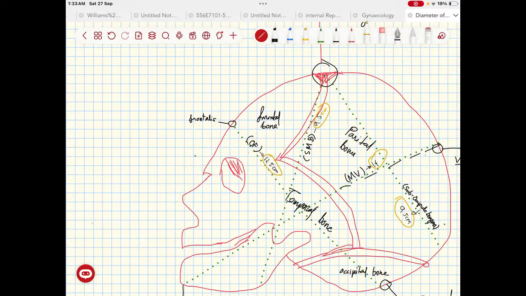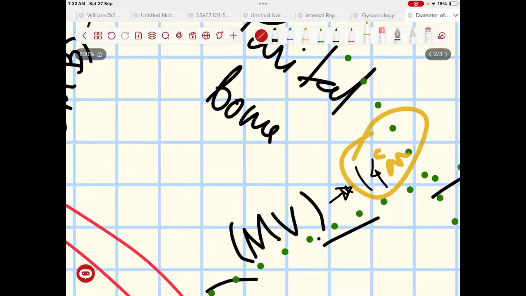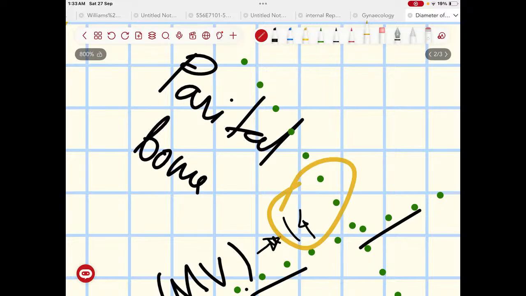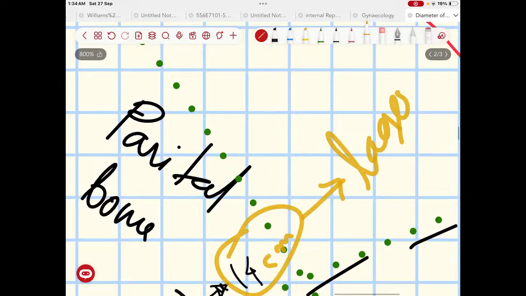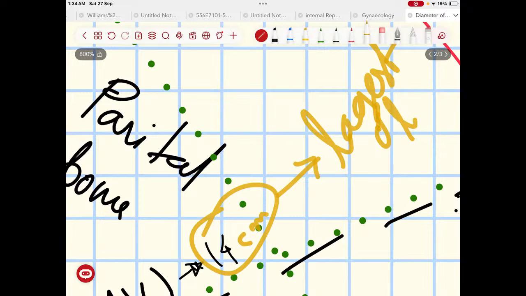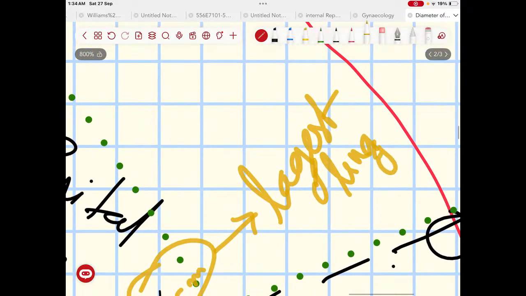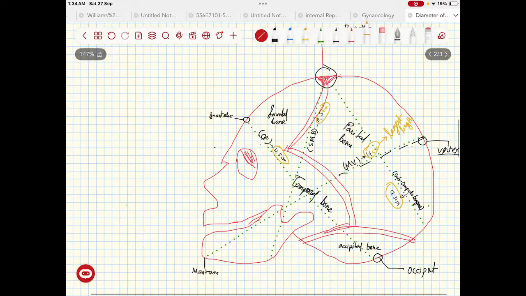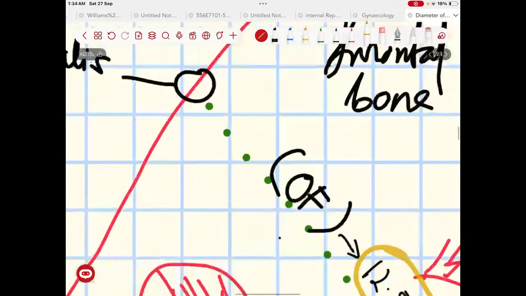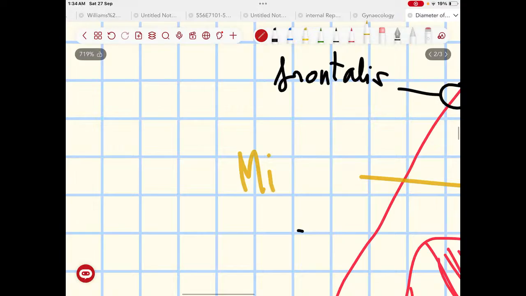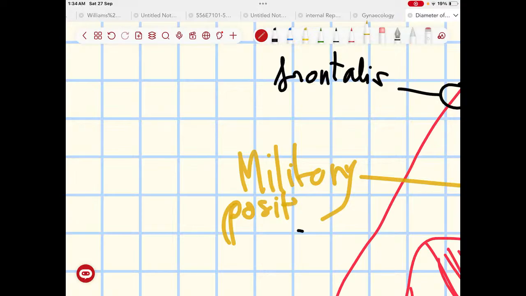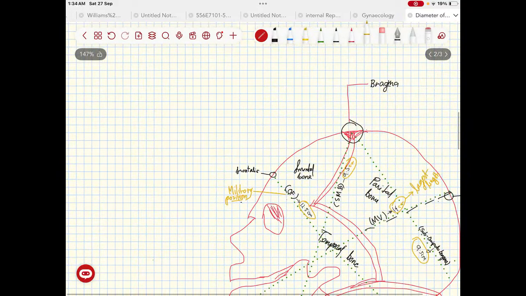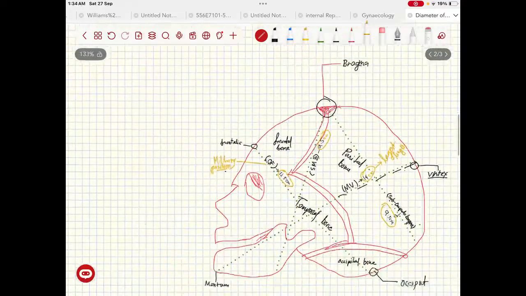The mento vertex is the largest length. Occipitofrontalis is called the military position. This is the condition.